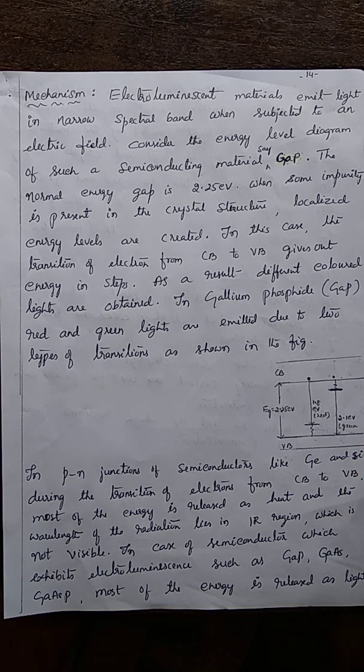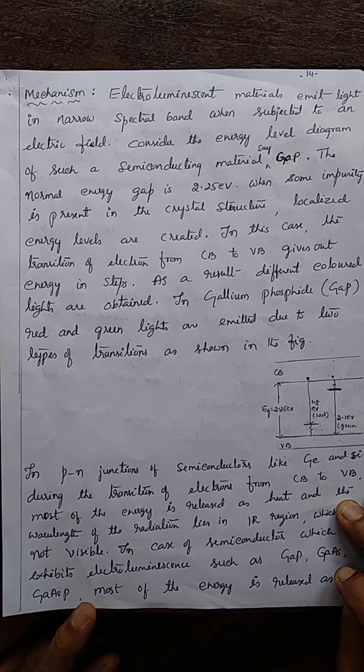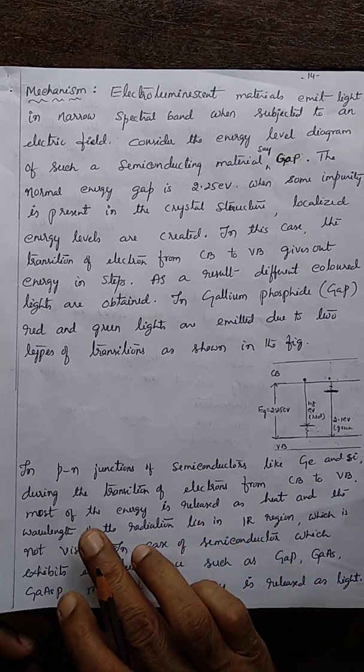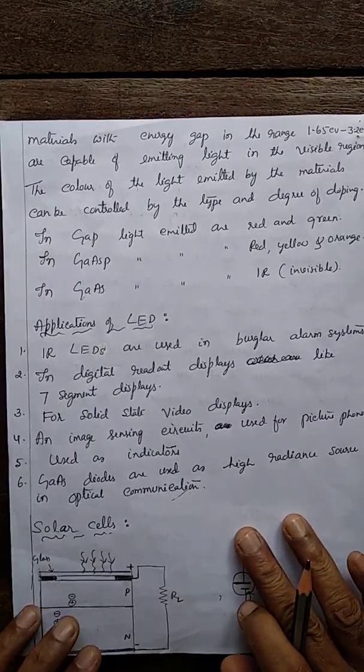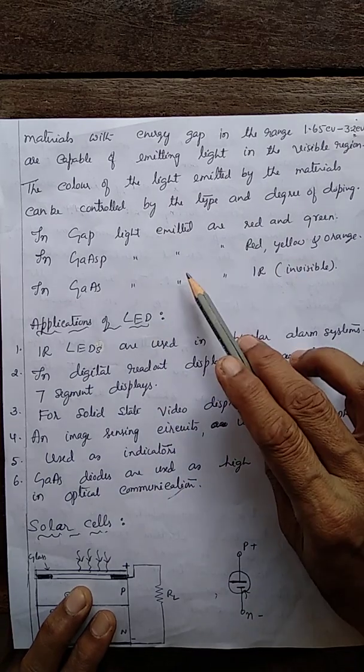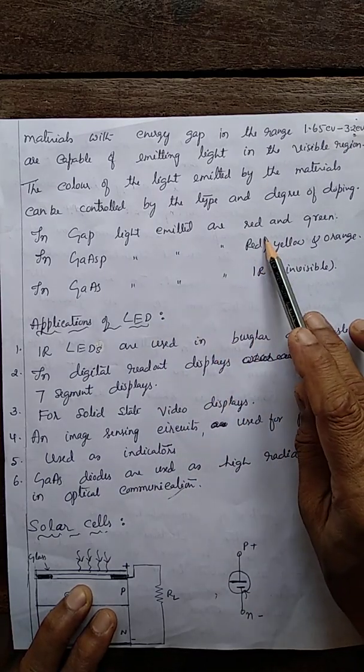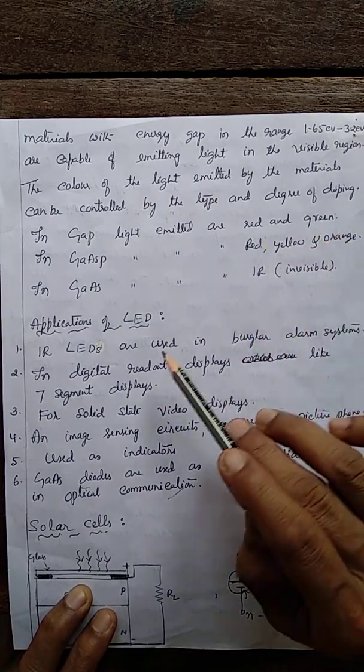Some other electroluminescent materials are also used, such as gallium arsenide phosphide. These are also used to prepare the LEDs. This is the mechanism. In case of gallium phosphide, light emitted is red and green.